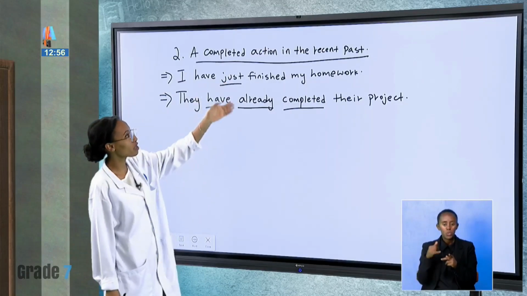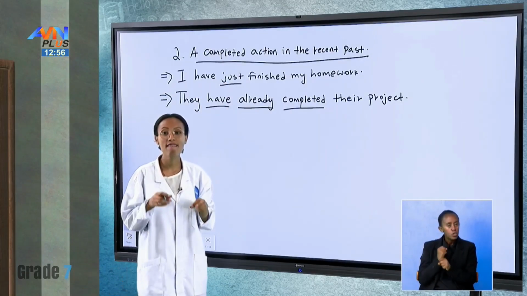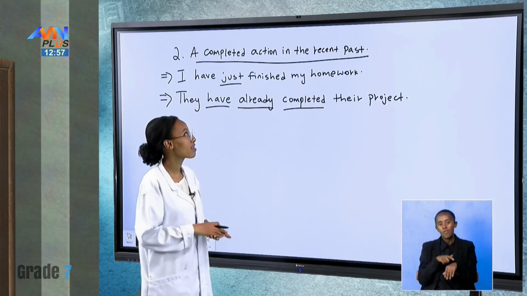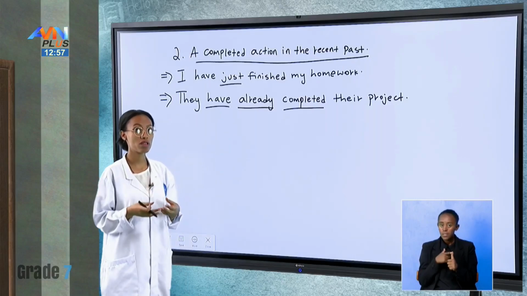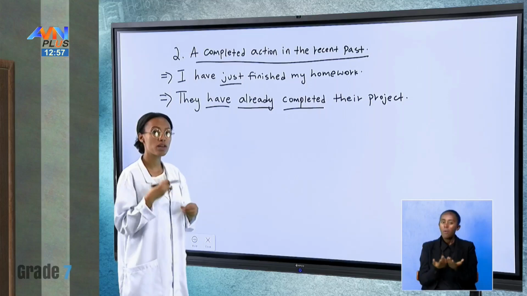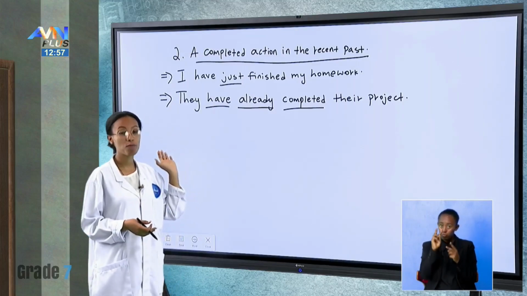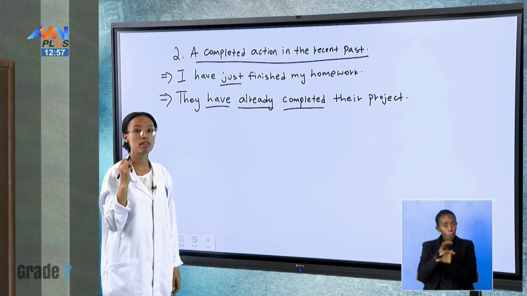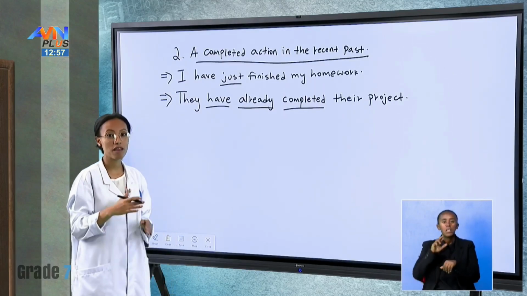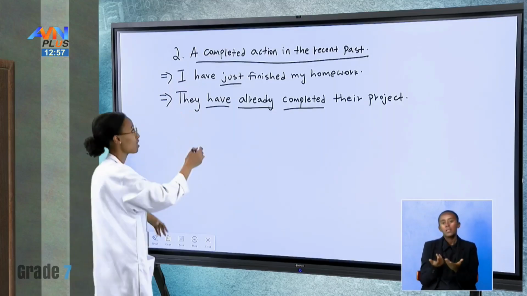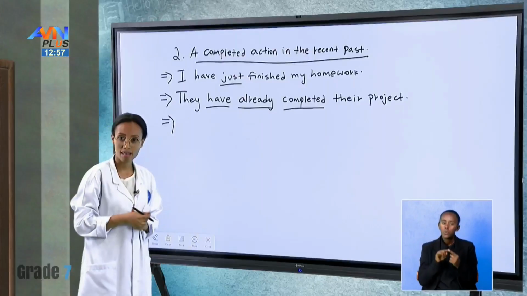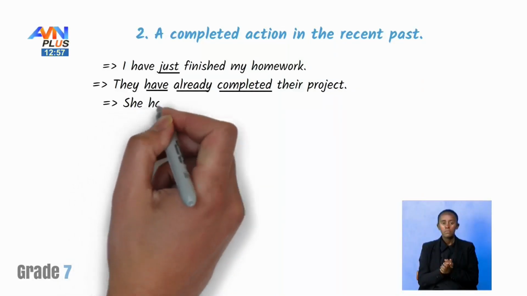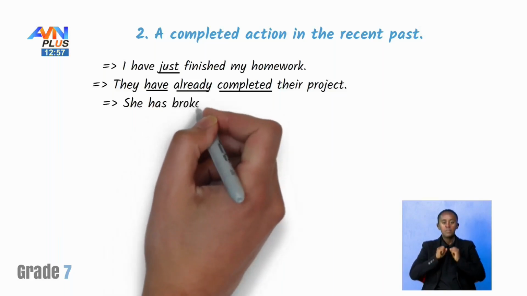That the action has been recently completed. That is what we are focusing on. In the first one, we were focusing on how the action was repeated. But in this case, our focus is on the fact that even though the action happened and completed, it is very recent. If that is the case, then it is related to the present. Okay, I will give you one other example. She has broken her arm.